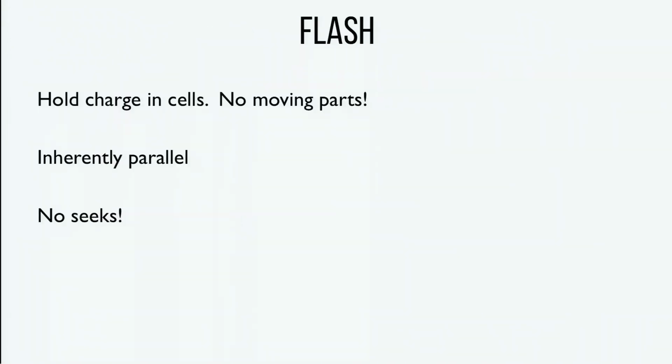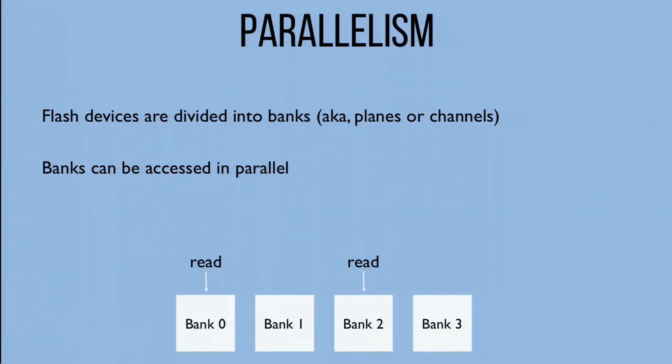Okay, but what you will quickly see is that there are no moving parts in flash. That's why it's going to have such great performance for reads and writes. It just is basically holding some charge in some cells. We're going to be able to access it very much in parallel, no seeks going on. So we talked about the fact that there are these parallel banks or planes or channels.